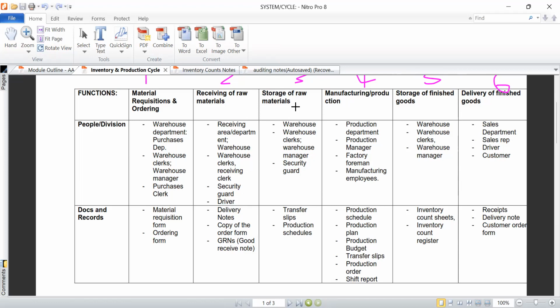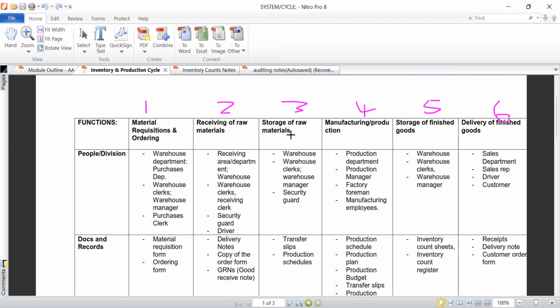Now, the next stage is called storage of raw materials. Now that we've received the raw materials, we need to store them for transfer to production, because that will be the next thing that will happen after we have stored the raw materials in the warehouse. We need to then transfer it to the manufacturing or production process. But let's have a look at storage of raw materials and identify the people involved, perhaps even the departments.